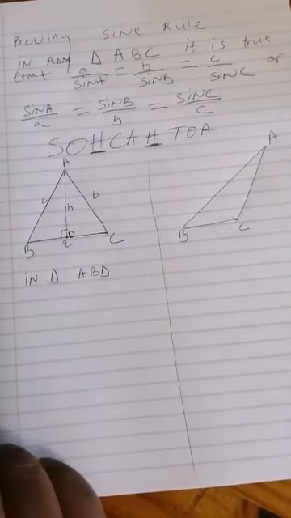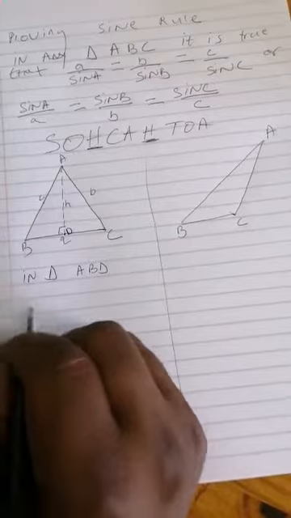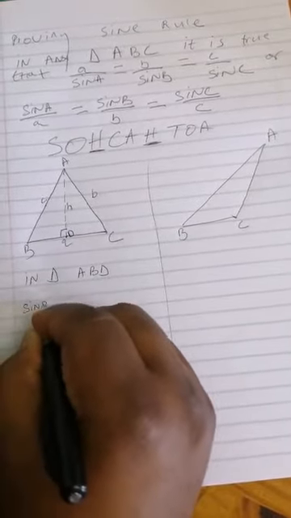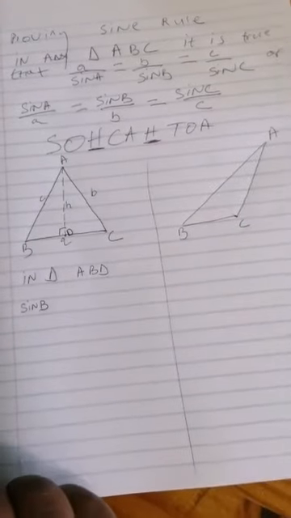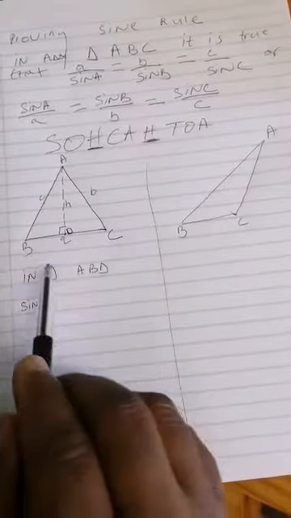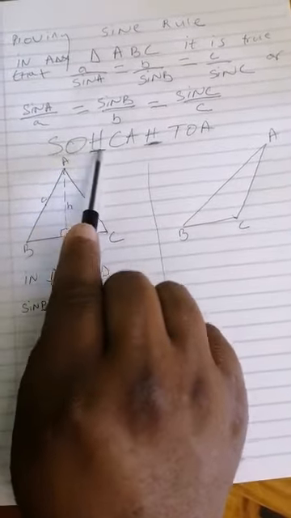So if I say sine B for this triangle, remember for sine it is opposite over hypotenuse.